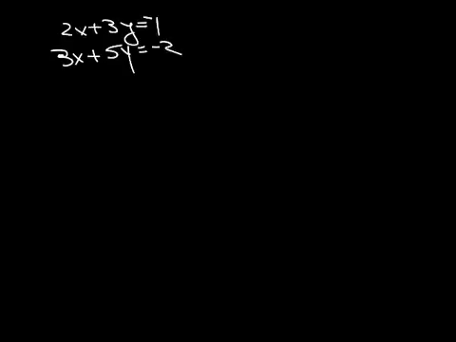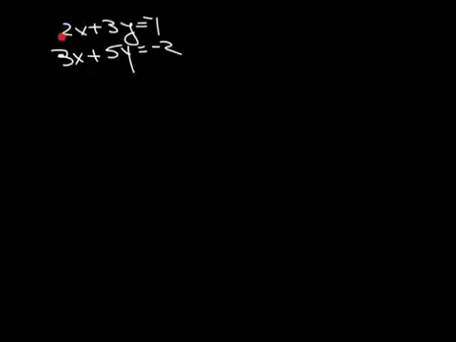Alright, here's the problem that we have here. I not only don't have the same number in front of my x, I don't have the same number in front of my y, and I can't get this to be a 3, and I can't get this 3 to be a 2 like I did in the other one.